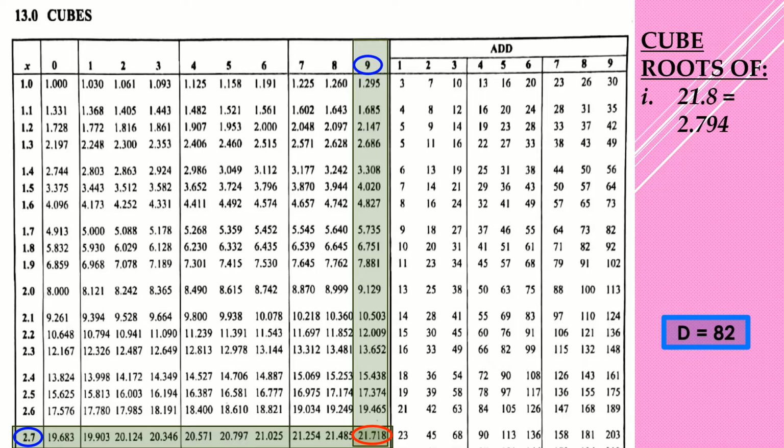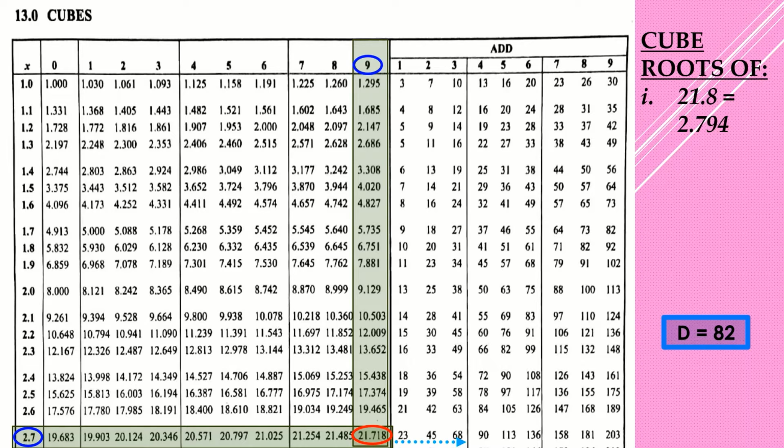0.082. So we want to find on the other table, where do we have 82? Among the so many numbers we have in that table, we have a number which is slightly above 82, and that is the number that we require. We may not find 82, but we need a number which is slightly above that number.